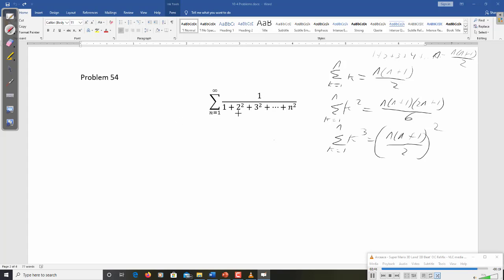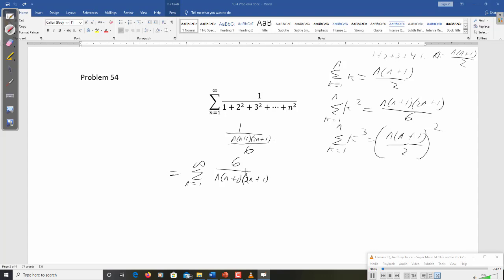So let's look here. On the bottom we have the sum of squares. Well, that's easy then. That's 1 over n times n plus 1 times 2n plus 1 over 6. So we just reformulate this as the sum from n equals 1 to infinity of 6 over n times n plus 1 times 2n plus 1.